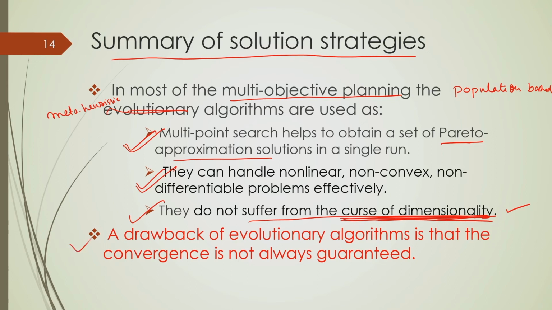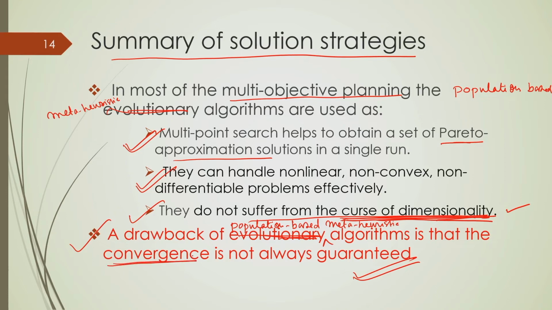But there is a drawback which is very significant for population based meta heuristic algorithms: the convergence is not guaranteed. What do you mean by convergence?